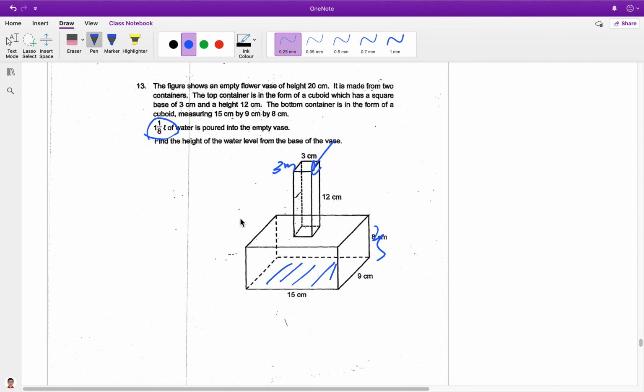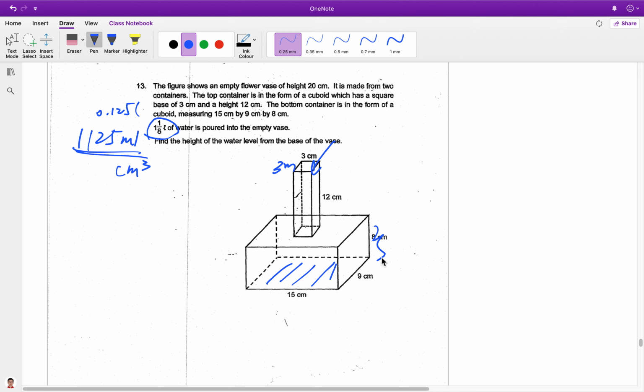So 1/8 liter, which is 1,000 times 1/8, is 0.125 liter, so it's 125. This is the volume in ml or cm3.